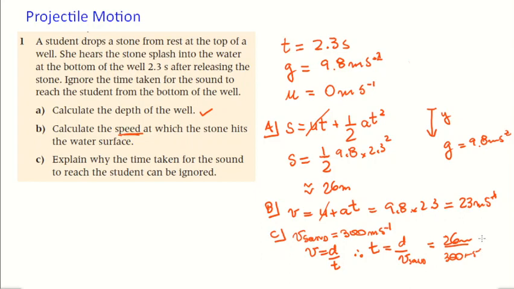So this would be about 0.08 seconds. So it's basically negligible compared to the 2.3 seconds. It's around 4% of the total time taken for the stone to fall. So you can just neglect it since it's much smaller and it shouldn't affect your answer that much.